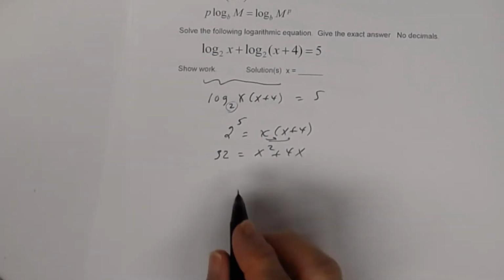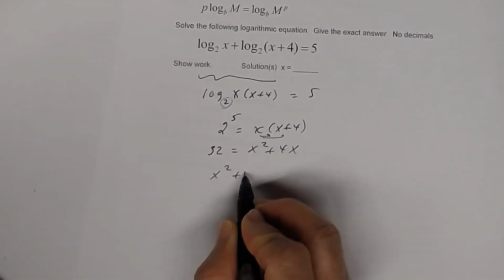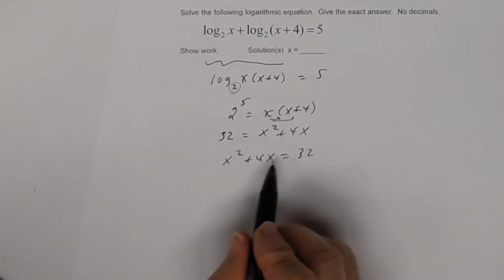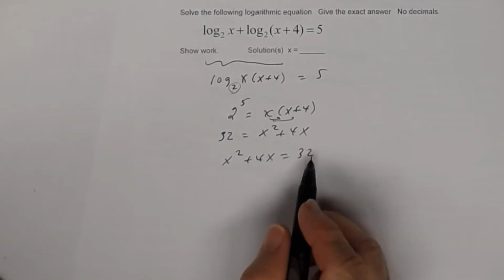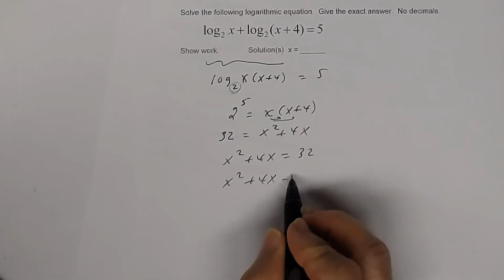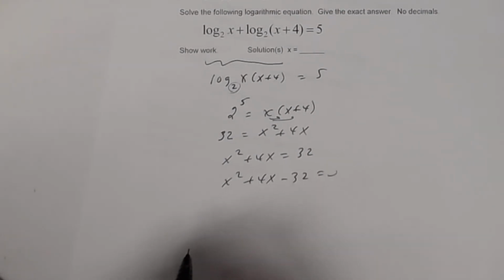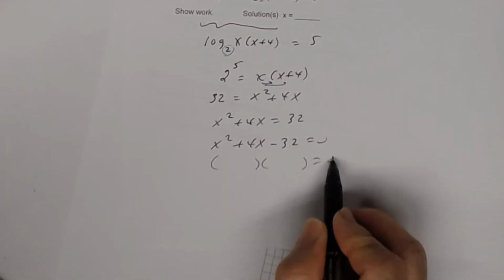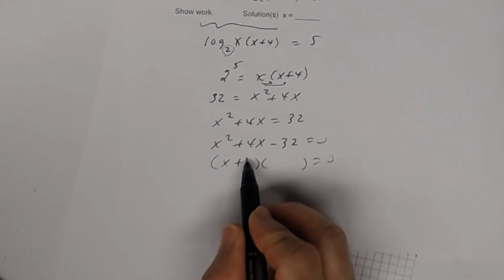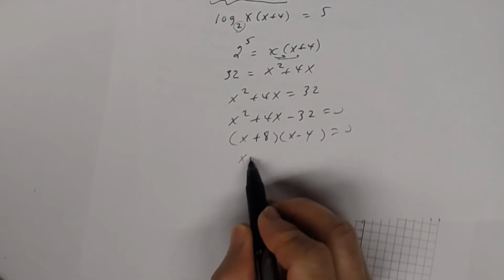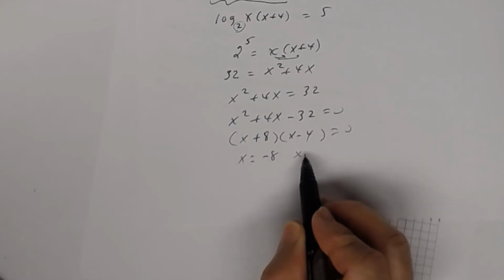So I get x squared plus 4x equals 32. Then notice I have this quadratic equation, so I'm going to bring the 32 to the other side. So I get x squared plus 4x minus 32 equals 0, and this is factorable. When I factor this, I get x plus 8 times x minus 4. So I get x to be negative 8 and x to be 4.